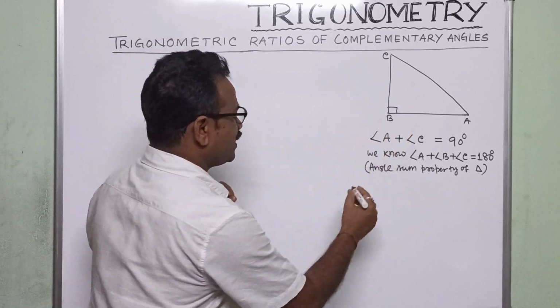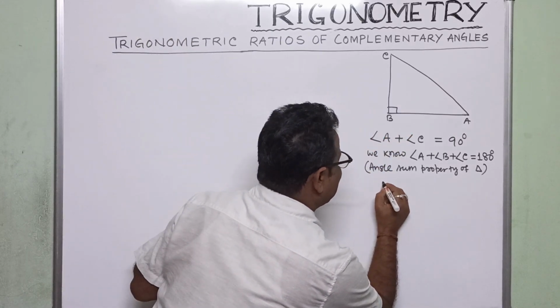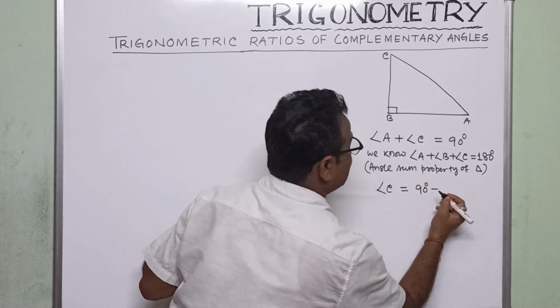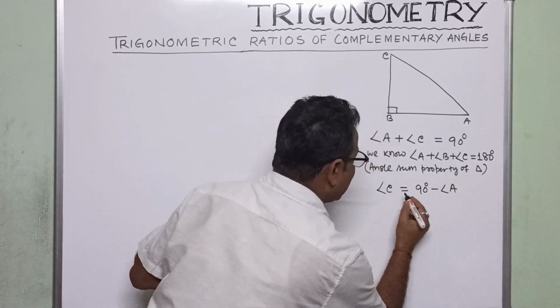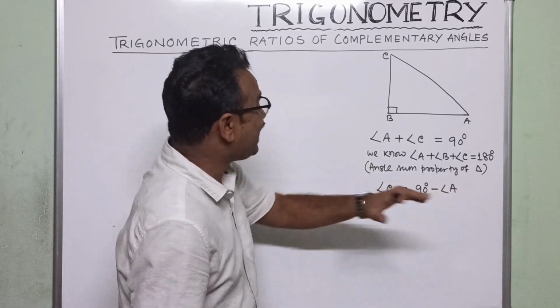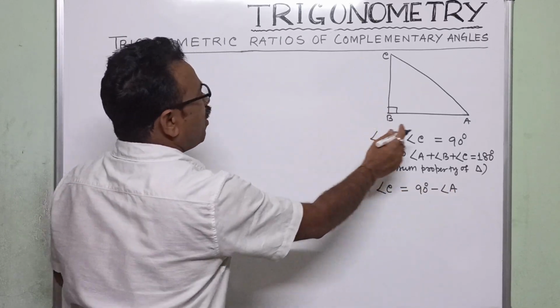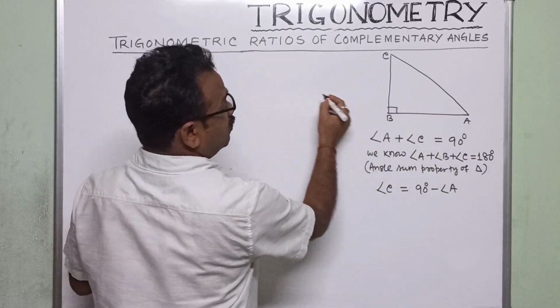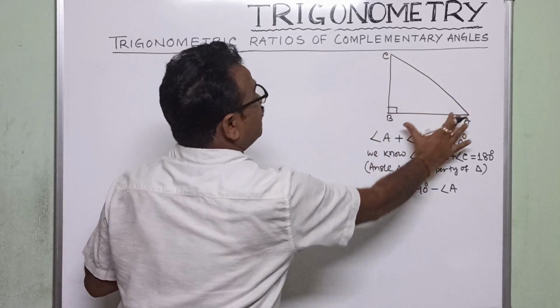So now here I can write angle C is equal to 90 minus angle A. Now we'll find out the ratios in the given triangle.